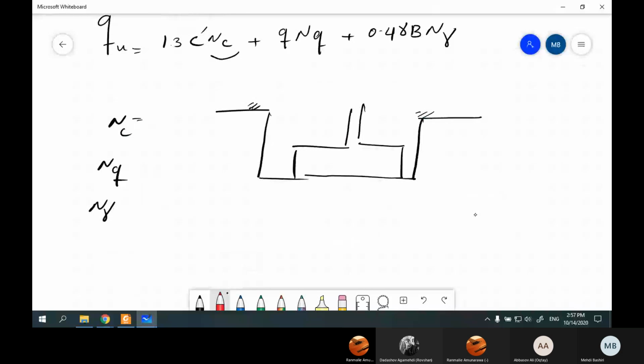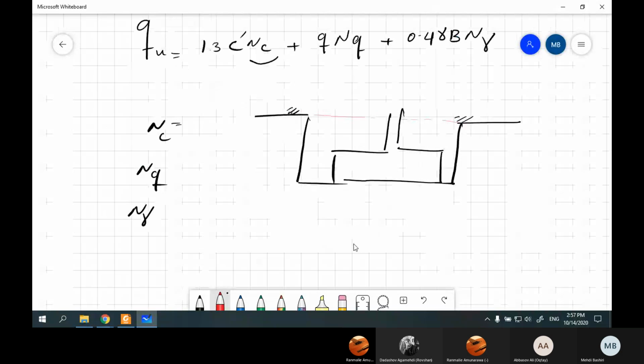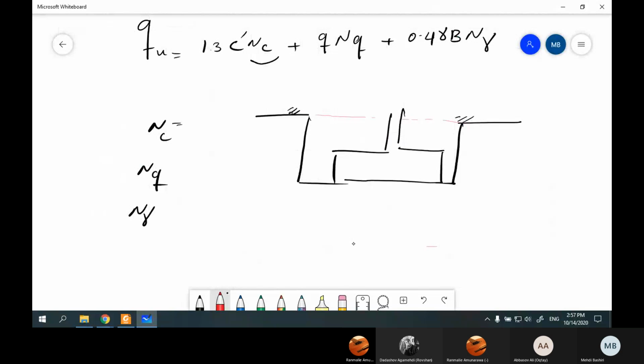In a couple of cases, we cover the foundation by soil, but in other cases, we may leave this area empty. What is important is the condition of the soil here. We have the terms gamma and q, and depending on the situation of the soil, we have different q and different gamma, or even different cohesions.